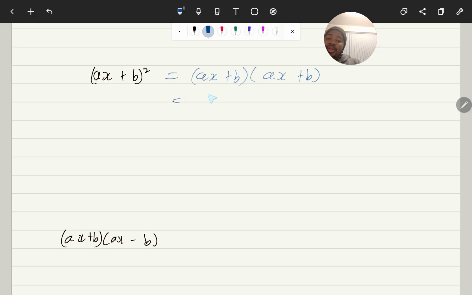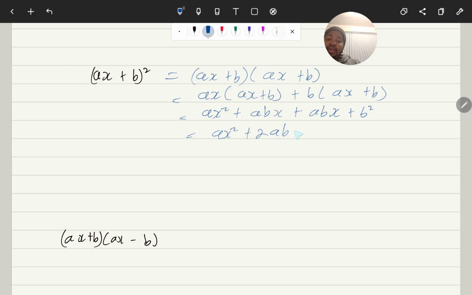Then you will have ax into (ax plus b), plus b into (ax plus b). Then we have a squared x squared plus abx plus abx plus b squared. Then you have a squared x squared plus 2abx plus b squared. I hope that was not too fast.